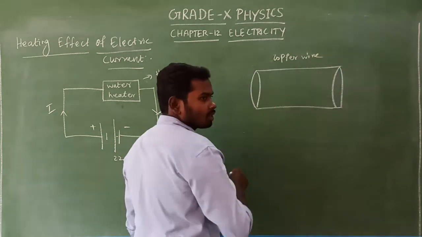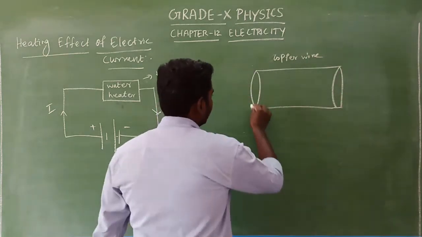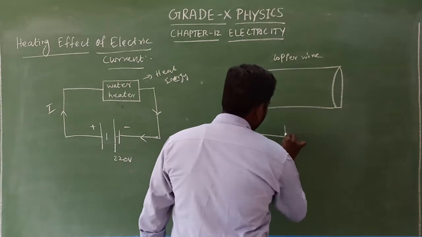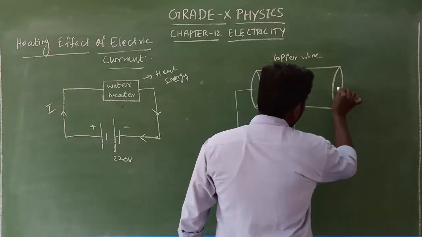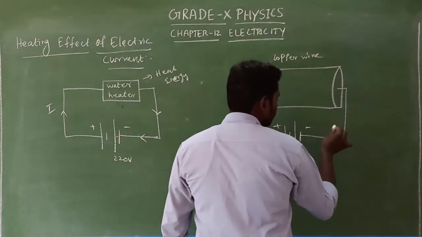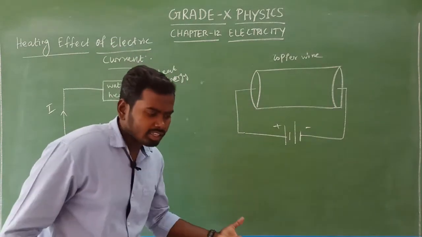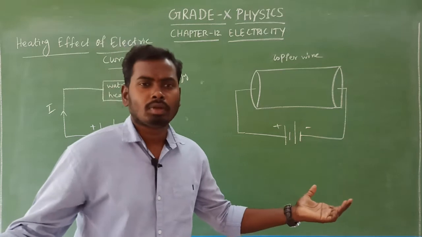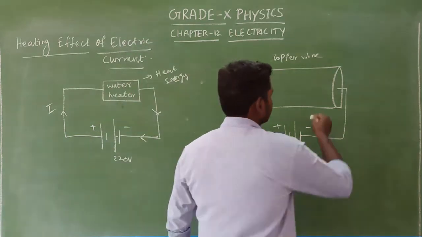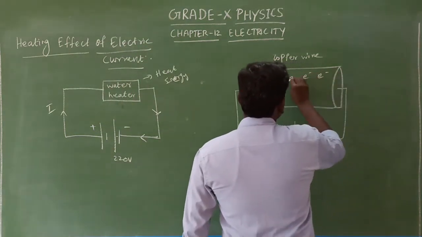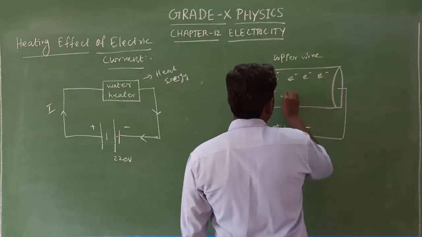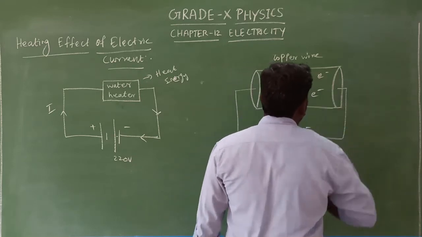Connect the two ends of the conductor along with the two terminals of the battery. Already we know that inside the copper there will be millions and millions of free electrons.